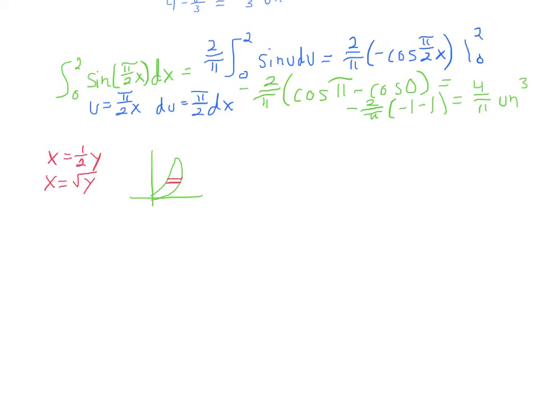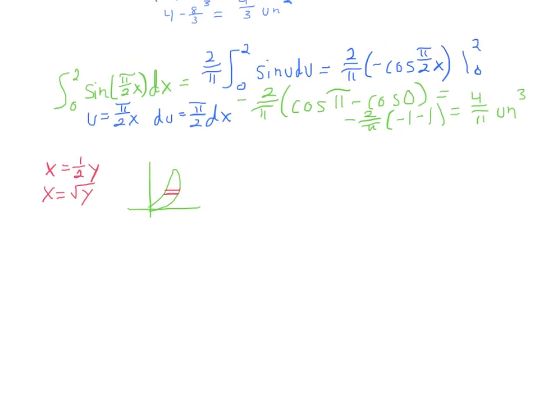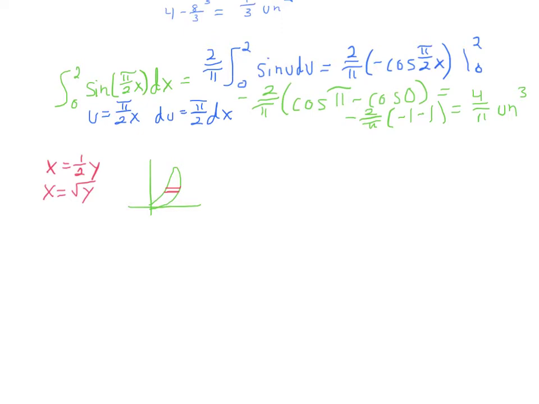So we know that the side of one of our squares would be the right curve minus the left curve. That would be the distance between the two squares. This curve minus this curve would give us this distance. So that would be the square root of y minus 1/2 y.